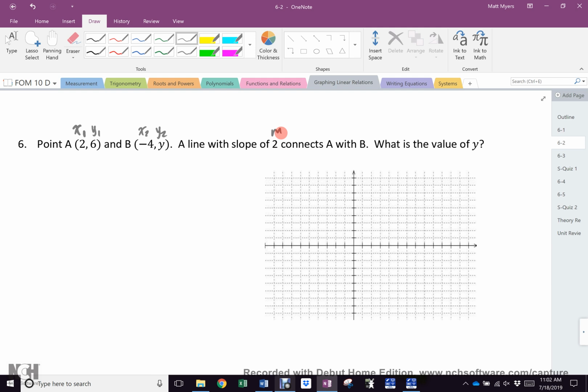Algebraically? Okay. So, in algebra, I know that m equals y2 minus y1 over x2 minus x1, right?